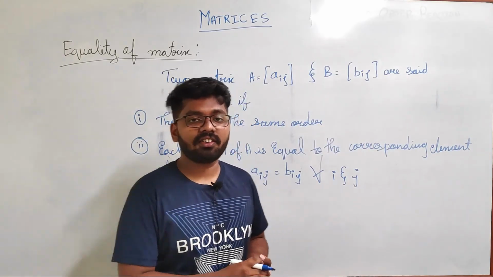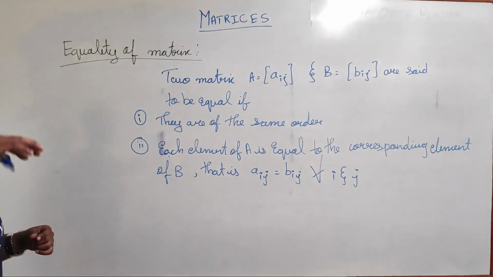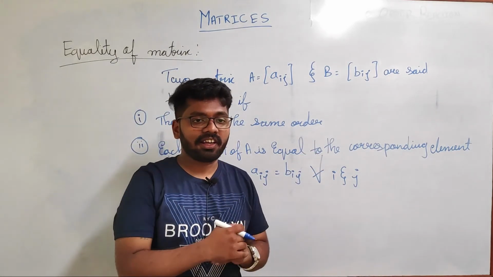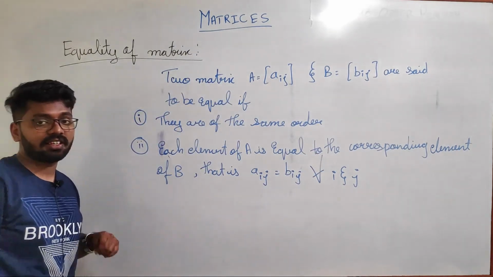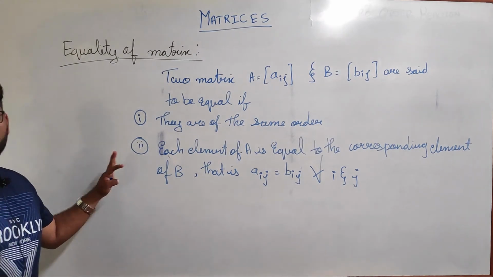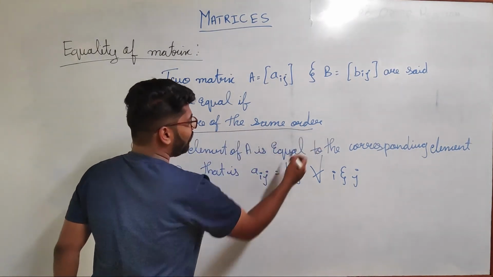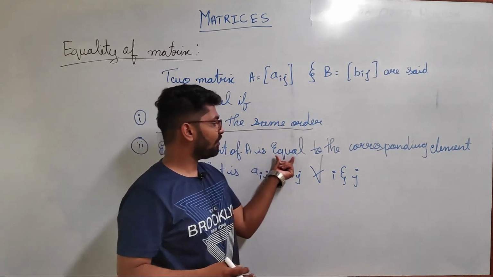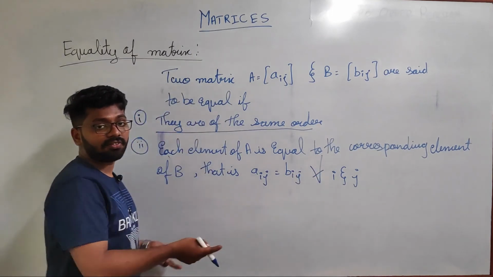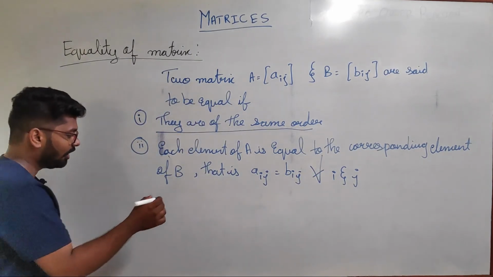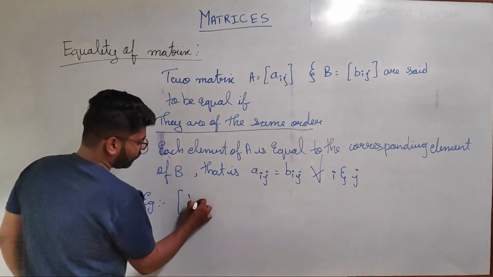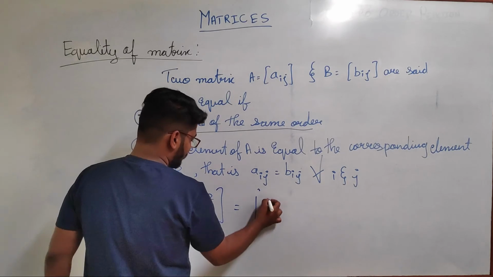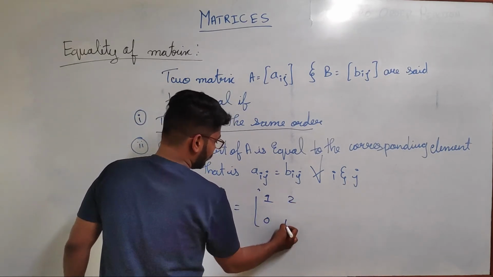So let us learn equality of matrices. What does equality of matrices mean? If you have two matrices, capital A equals square bracket Aij and B equals Bij, they are said to be equal if they have the same order, and each element of A should be equal to the corresponding element of B. For example, we will consider 1 2 0 4 is equal to another matrix which is 1 2 0 4.